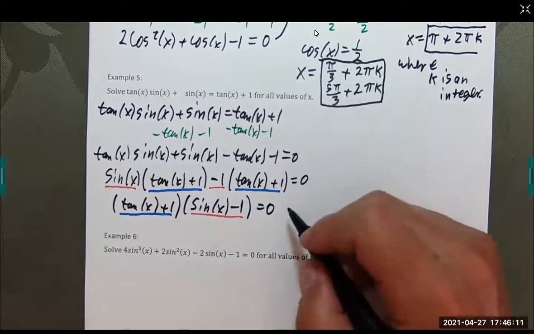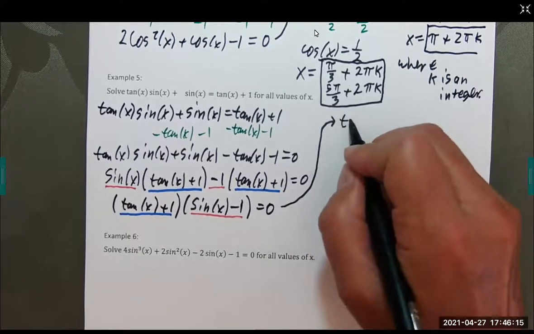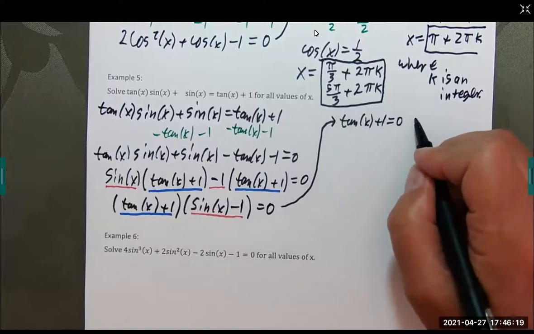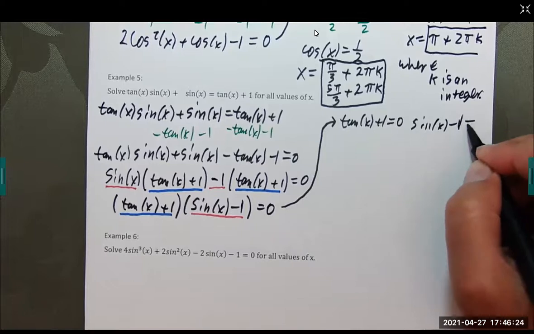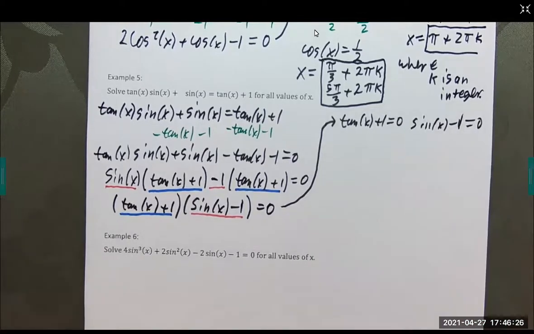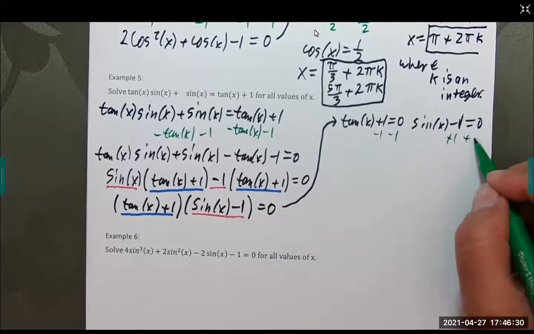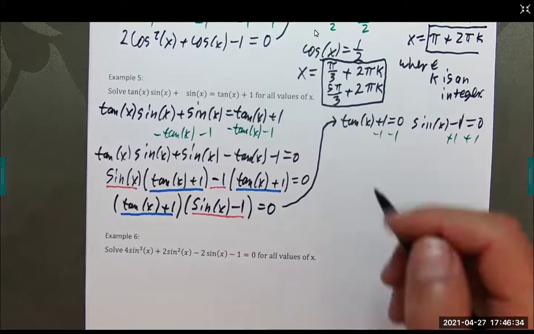And if I come up to here, I get tangent x plus 1 equals 0, or sine x minus 1 equals 0. I'm going to solve each of those.